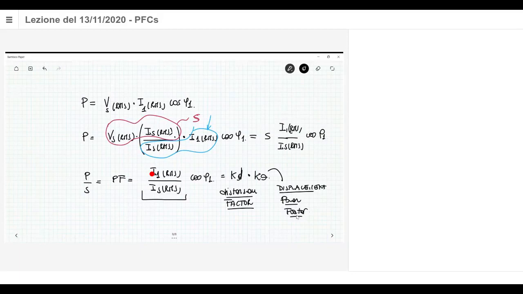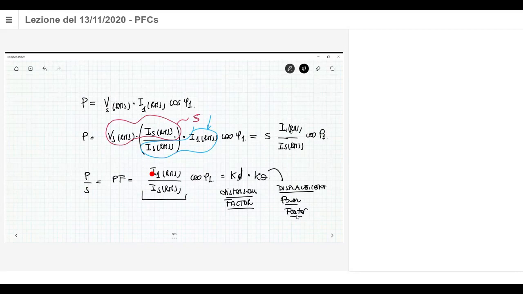Of course, if the current waveform is very distorted, what does it mean? Very distorted means that the root mean square value of the fundamental component is just a minimum fraction of the total root mean square value of the whole current. So this means that a distorted current means that the distortion factor is, let's say, very low.